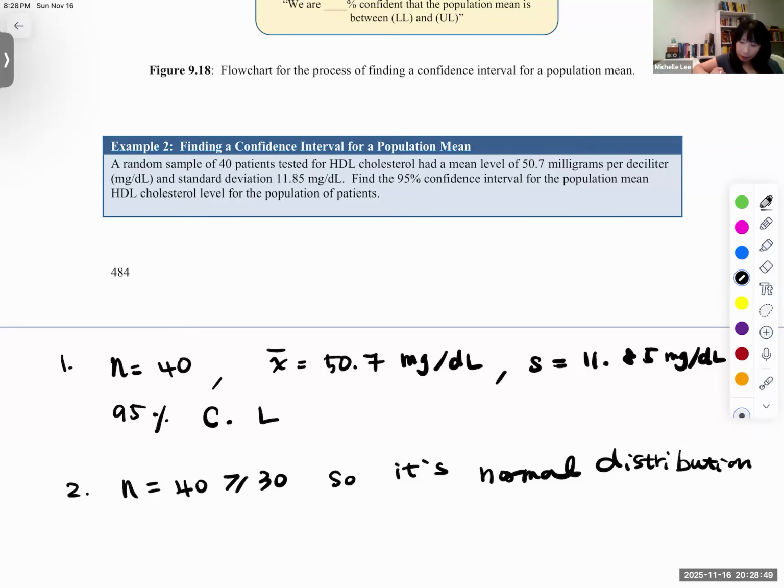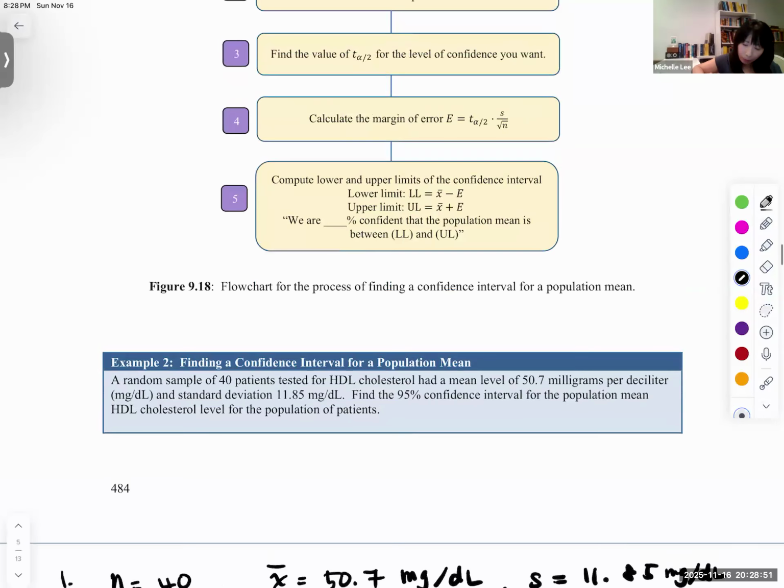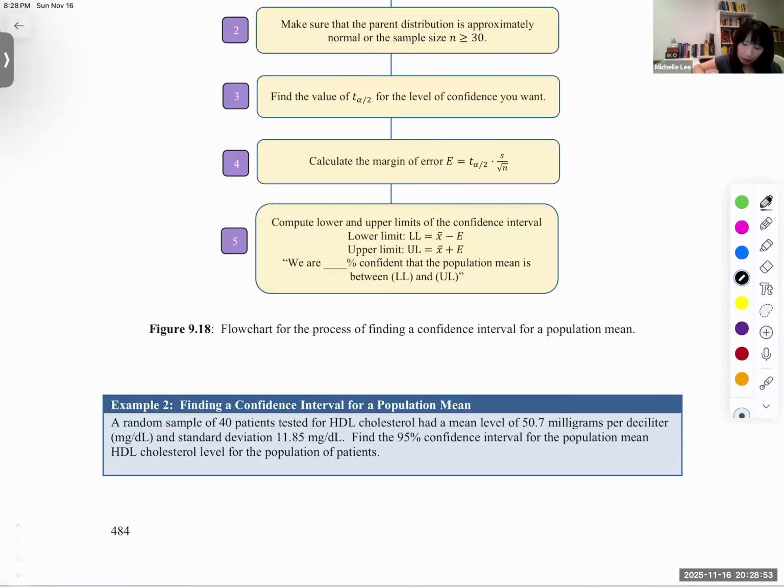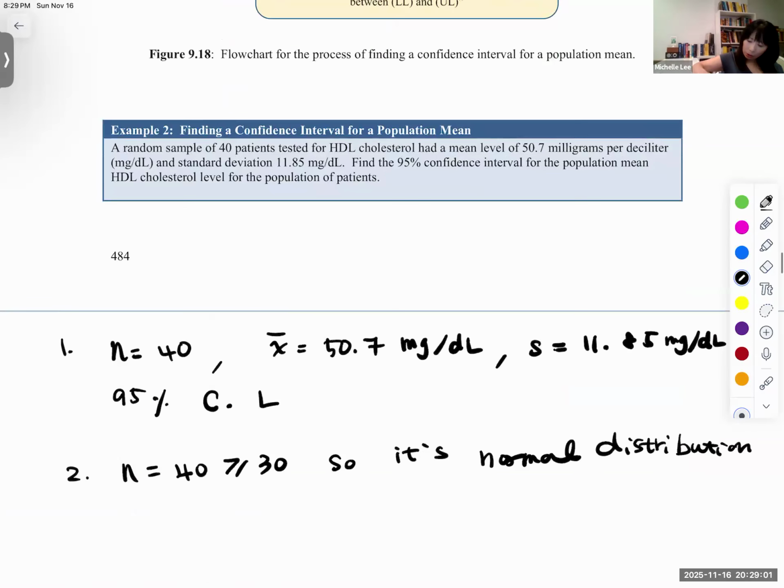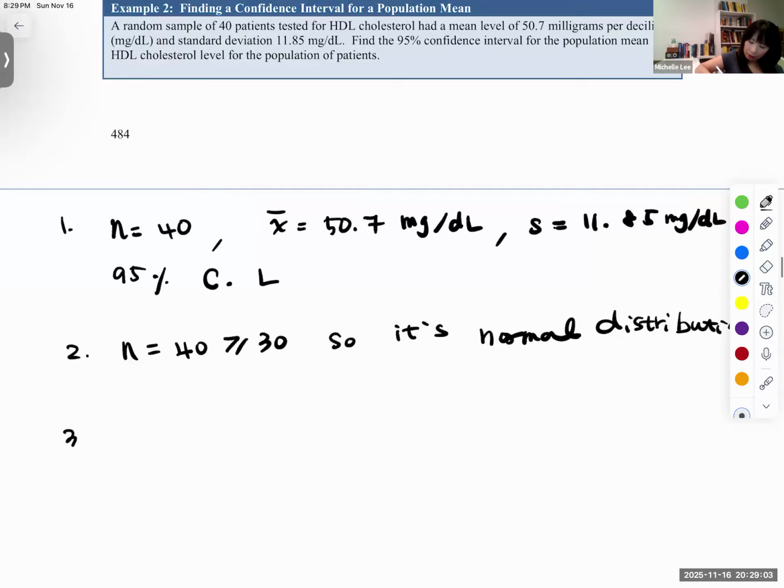All right, then number three, find the value of t sub alpha over 2, based on the level of confidence you want. If we are using the between option, it is much easier. Look, 95% confidence level.